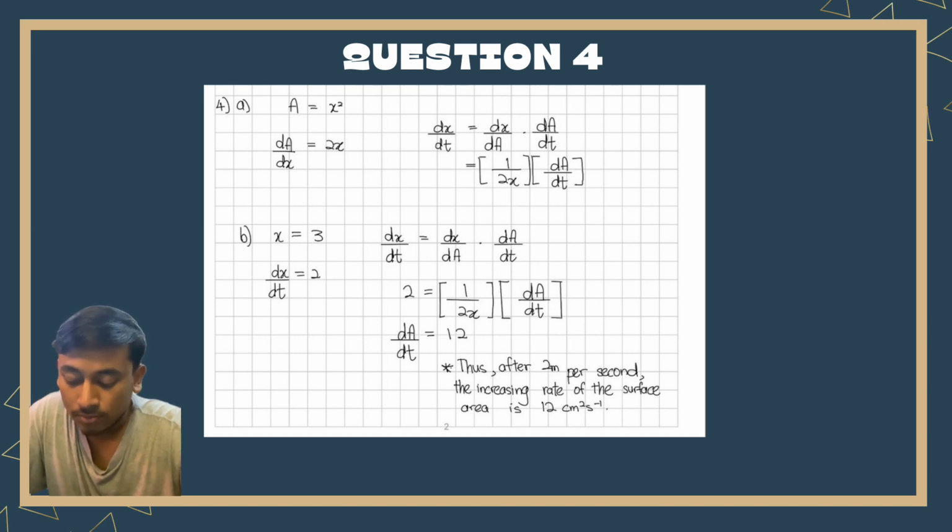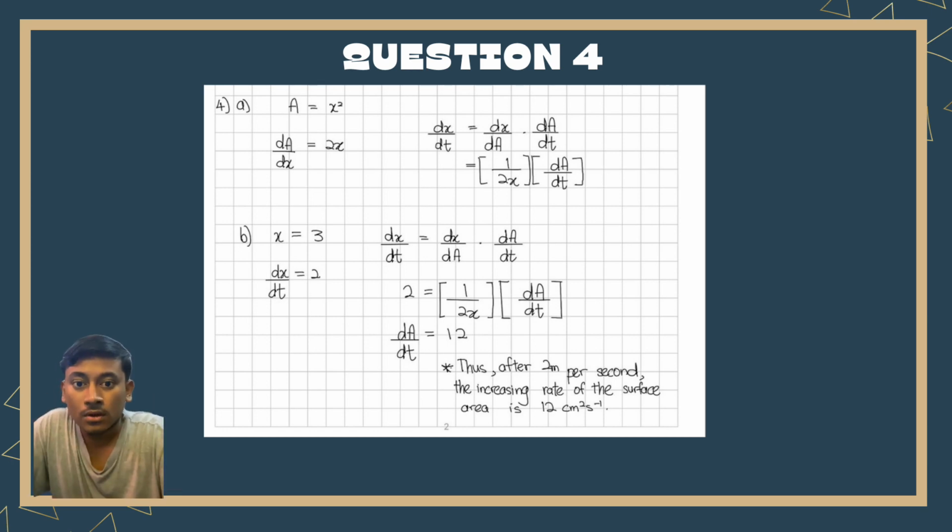So we substitute it in, and we get dx over dt equals 1 over 2x times dA over dt.